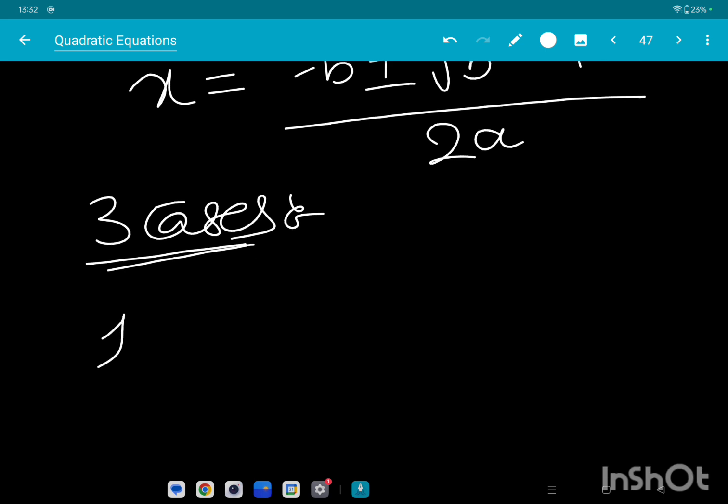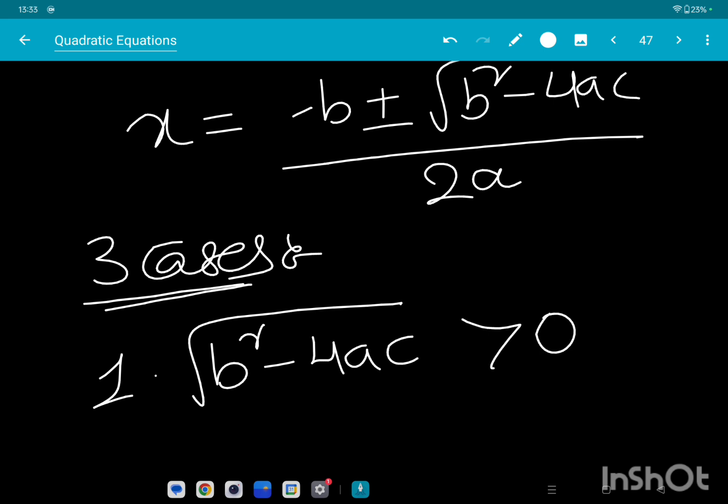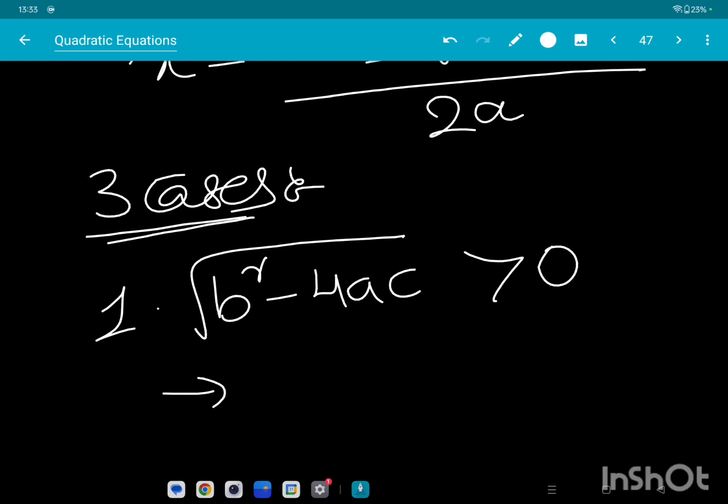First case is if root of b square minus 4ac is greater than 0, which means positive. If this value is positive, then it has two real roots.